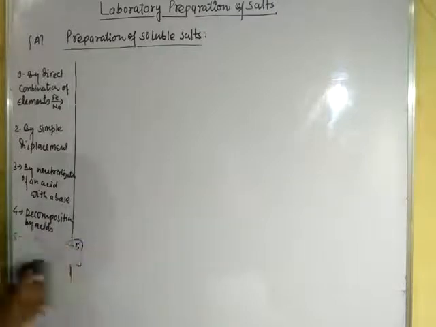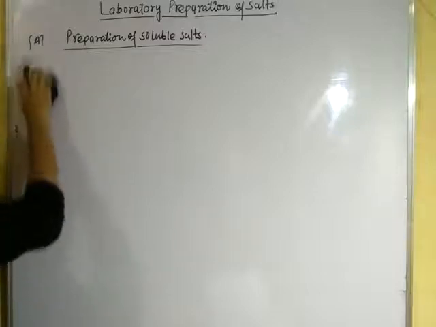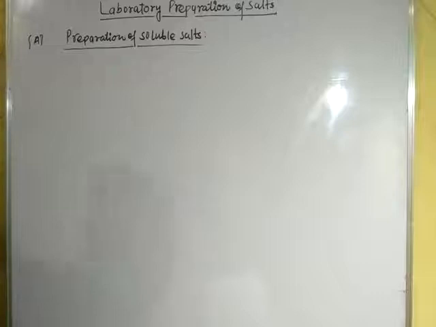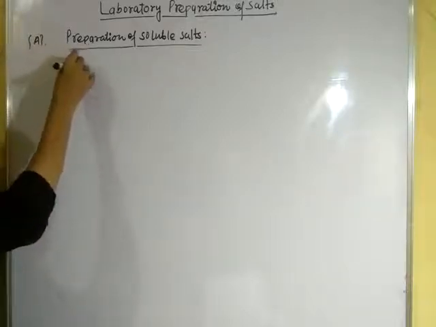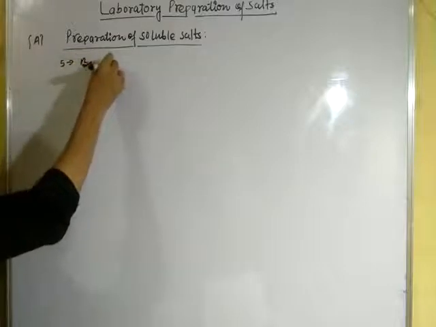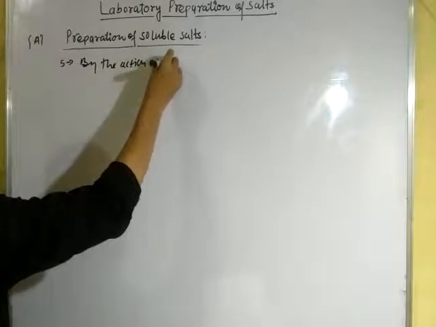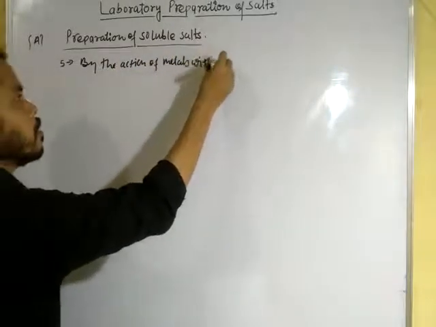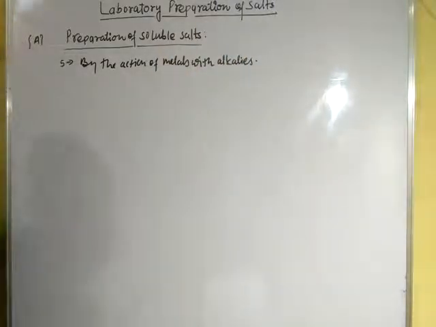The next method, fifth number, is by the action of metals with alkalis.